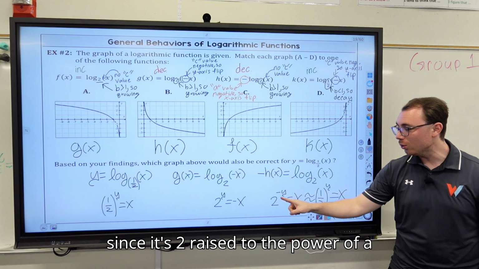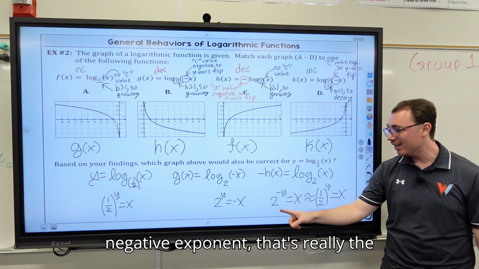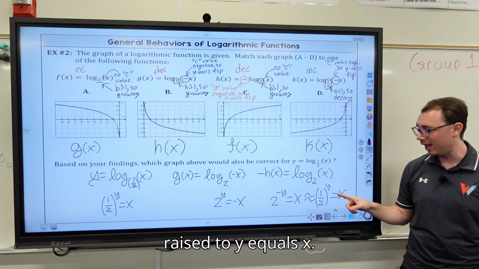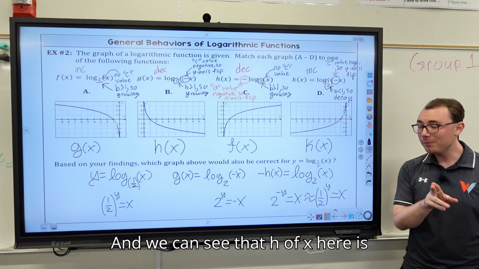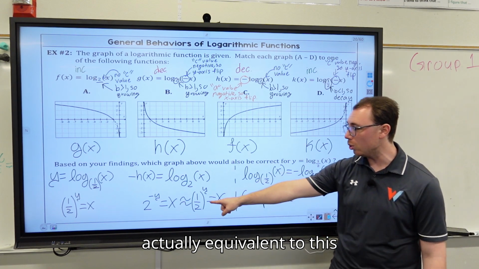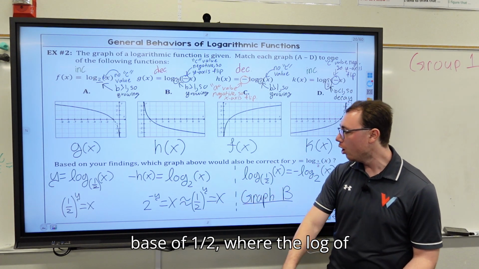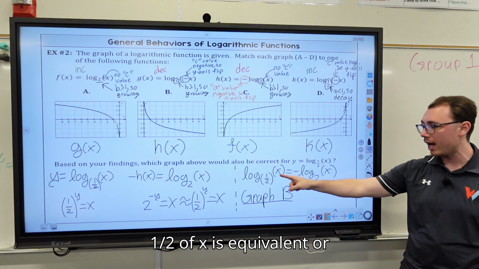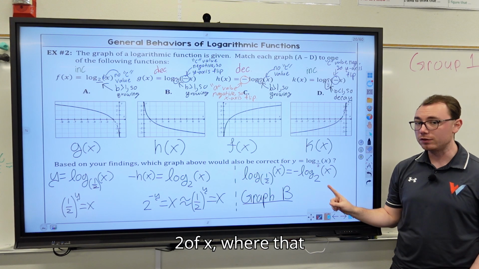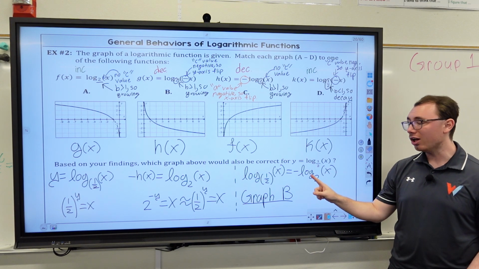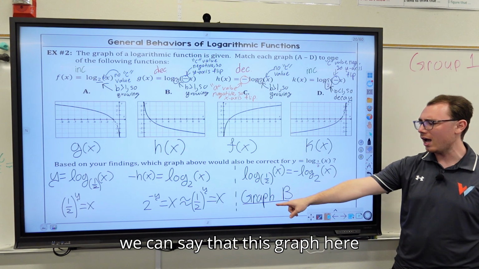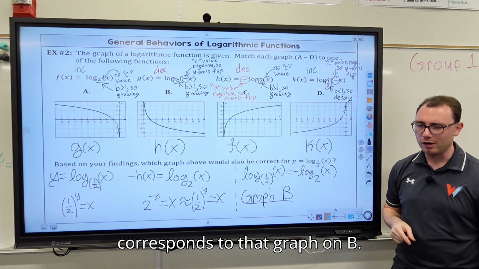And since it's 2 raised to the power of a negative exponent, that's really the same as saying 1/2 raised to y equals x. And we can see that h of x here is actually equivalent to this base of 1/2, where the log base 1/2 of x is equal to negative log base 2 of x, where that log there happens to be negative. So we can say that this graph here corresponds to that graph on B.